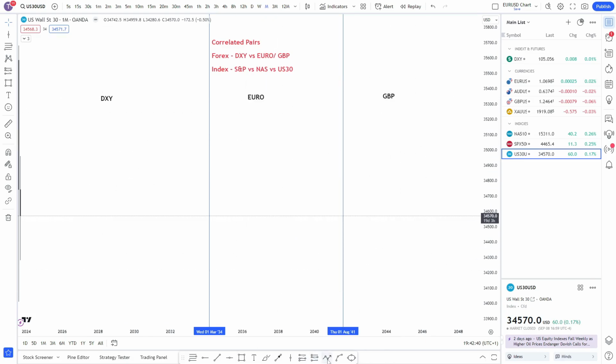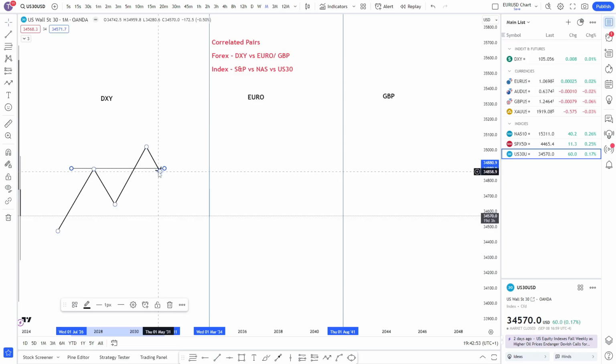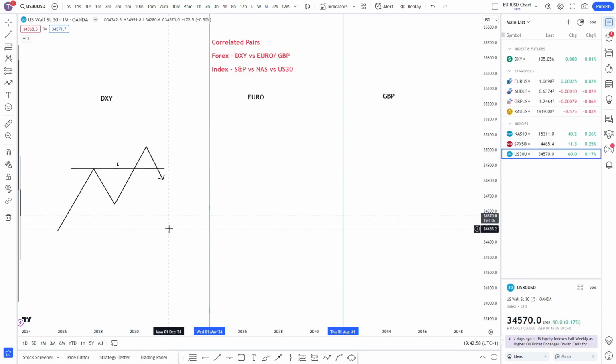What we need to be focusing on here, and I'm going to do this in this direction, is: let's say price is moving higher, and the DXY has taken this liquidity right here. All I want you to focus on right now is what the DXY is currently doing.